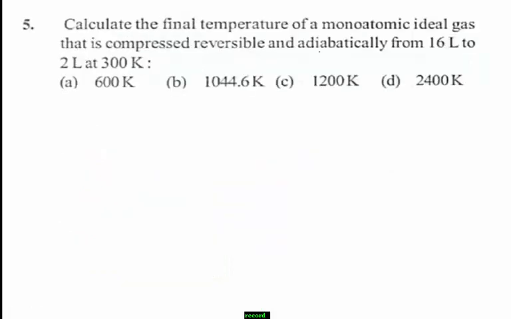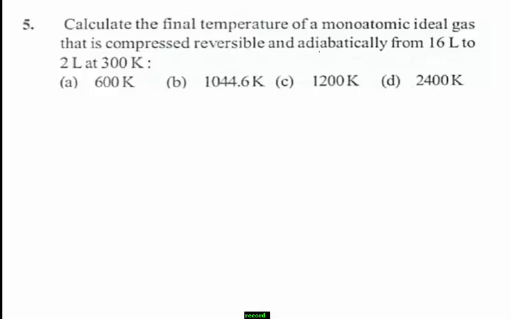Next, question number 5. Calculate the final temperature of a monoatomic ideal gas that is compressed reversibly and adiabatically from 16 liter to 2 liter at 300 Kelvin temperature.